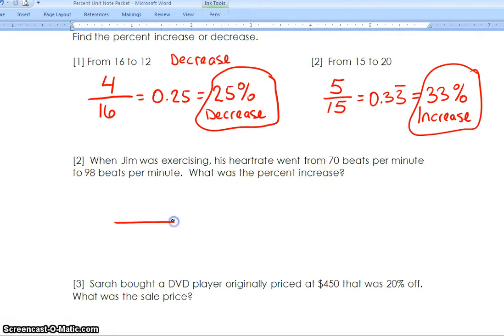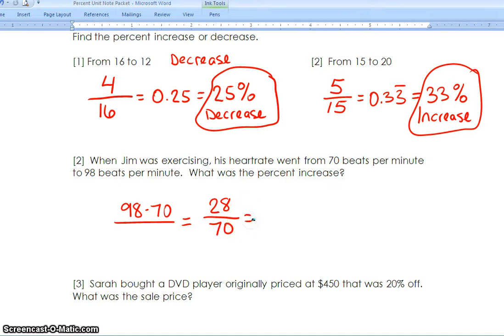So in the numerator goes how much it changed. How much did it change? What you have to think is we have to find the difference in 98 and 70. What is that difference? It's 28. In your denominator goes your original or beginning amount. So that would be 28 over 70.